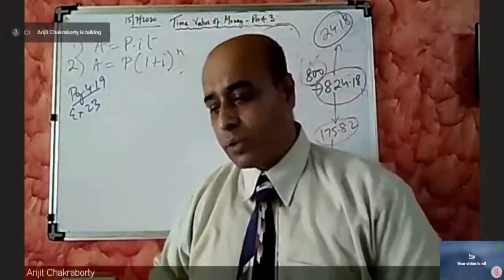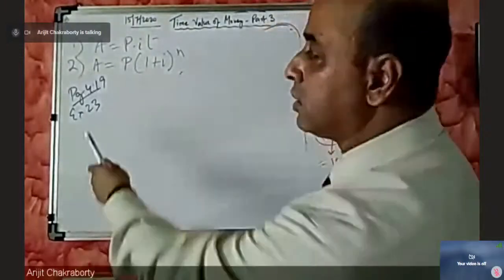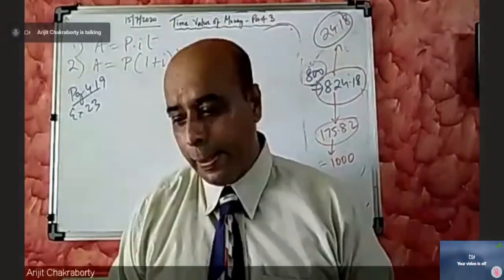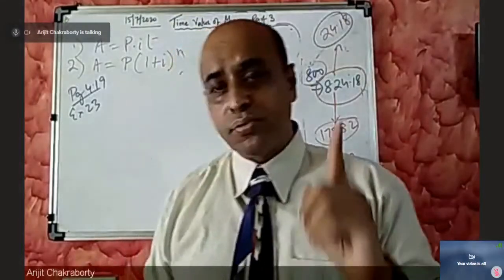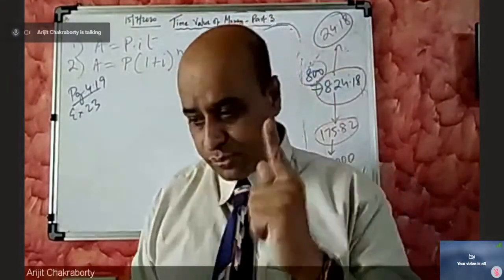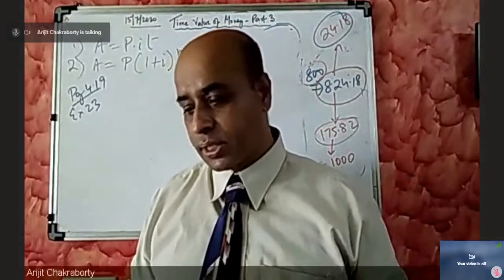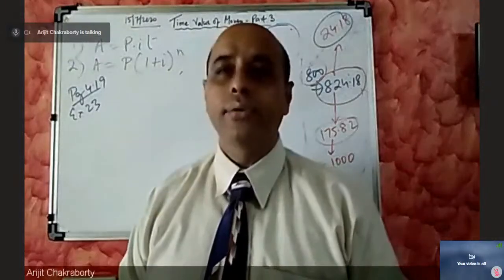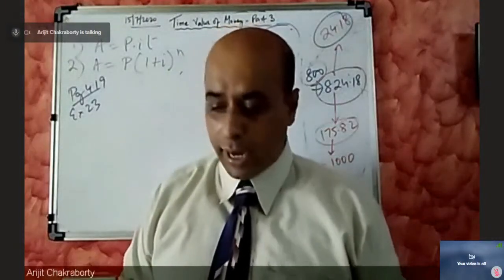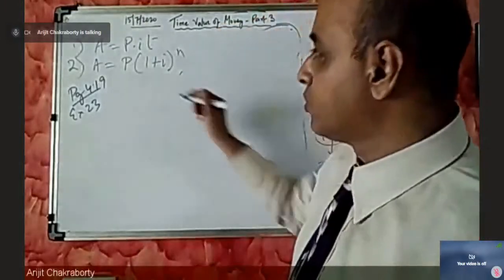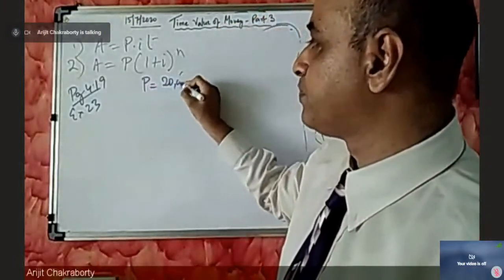Now, the question is, example 23, page 4.19 of the study material: find the amount of compound interest and the effective rate of interest if an amount of 20,000 is deposited in a bank for 1 year at the rate of 8% per annum, compounded semi-annually. So the principal amount is 20,000.